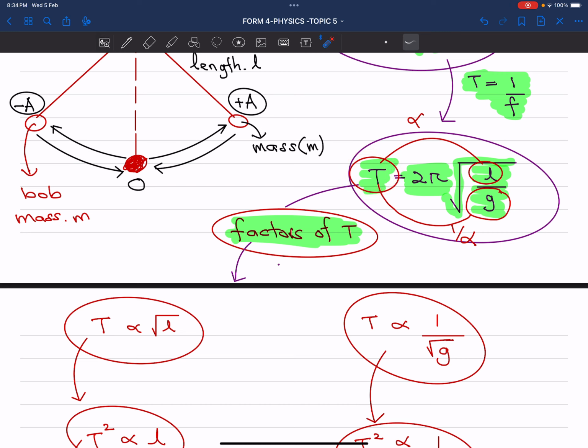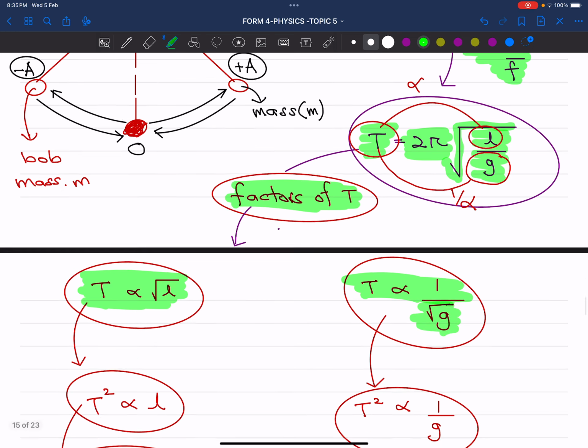So now we have that the period is directly proportional to the square root of L. And also the period is inversely proportional to the square root of g, which I have written here.